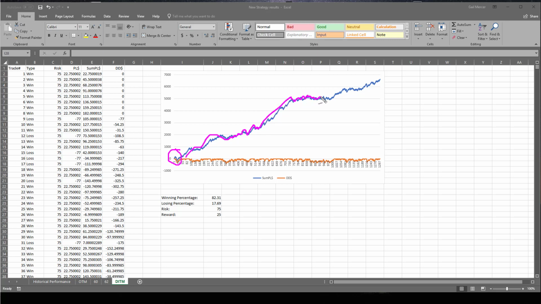And then again, during this period right here, and this is from about trade 730 to about trade 1000, which is more or less about 300 trades, you're not making anything. Now, in this example, it's hidden in the middle of your strategy.